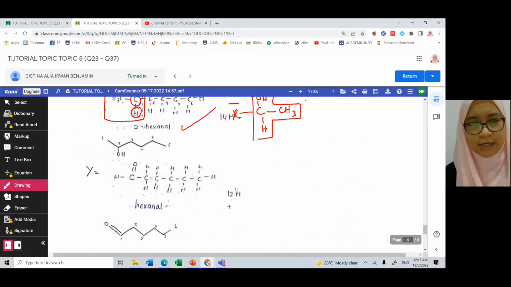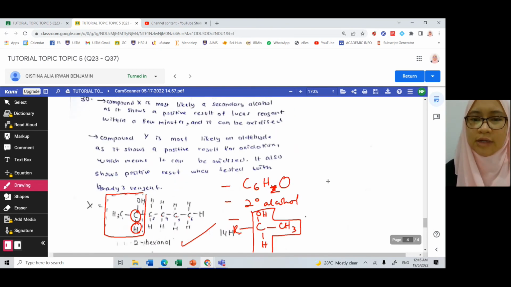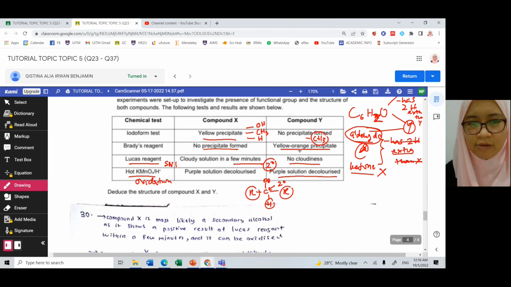Okay, so we have to check again. We know it is an aldehyde. So this is an aldehyde, and the aldehyde will be oxidized. It decolorizes the purple color of KMnO4. Right. Then what else? It also reacts with Brady's reagent. Right.